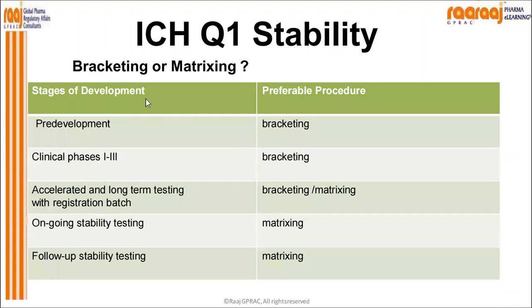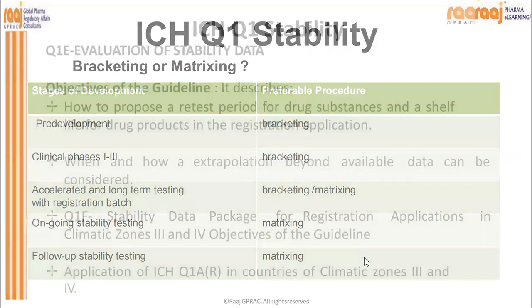So these are the stages for bracketing or matrixing: pre-development stages, preferable bracketing; clinical phases 1 to 3, bracketing; accelerated and long-term testing with the registration batch, bracketing and matrixing is preferable; and ongoing, that is, as I said, follow-up stability data, matrixing is allowed.